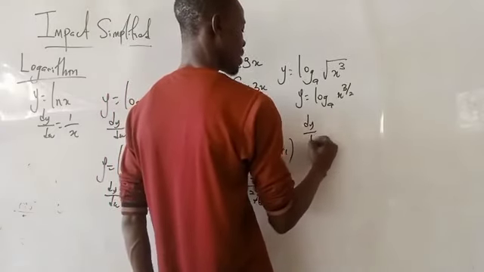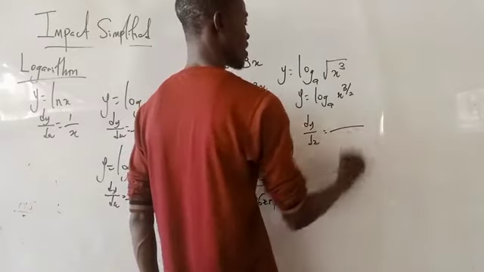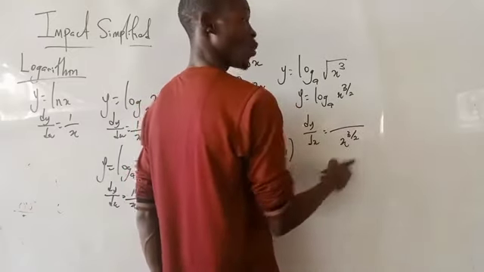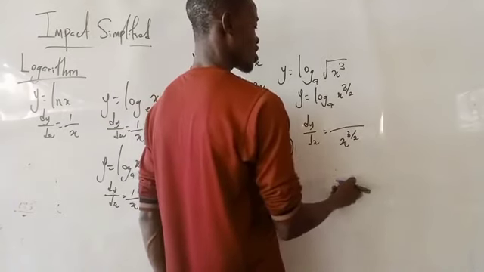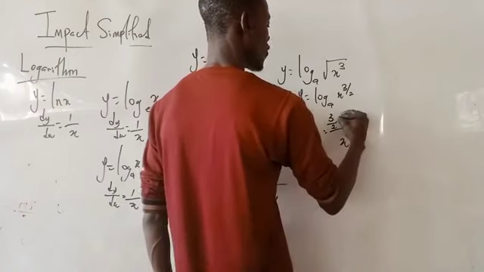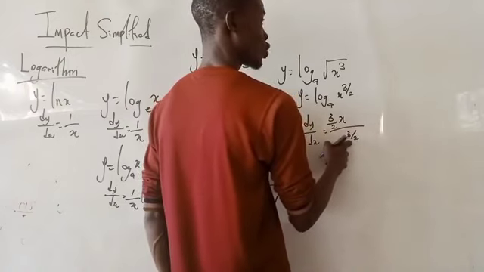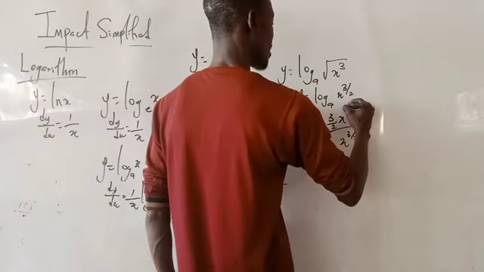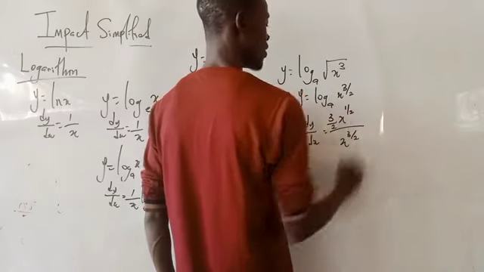And what is the meaning? That means your dy/dx will give us, logarithm will drag anything in front to the denominator. And when that gets there, it differentiates itself. So if you differentiate this, what do we have? We have it as 3 over 2 x. Now this will give us 1.5 minus 1. That will give us 0.5, and that will give us half.